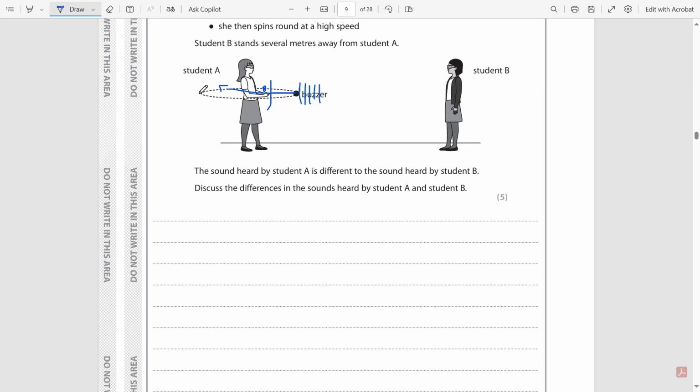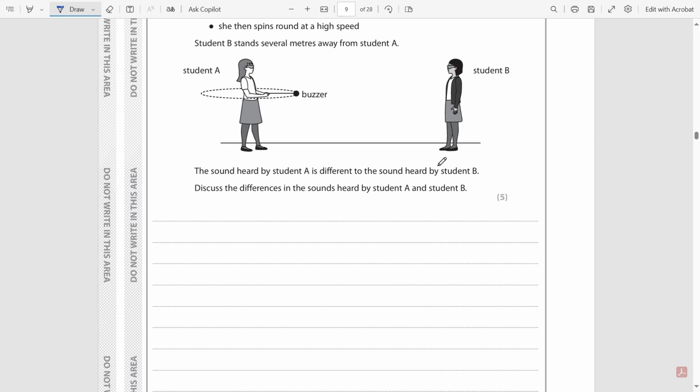But when this guy moves towards where it is emitting its waves, it's going to get a really small wavelength. And the smaller the wavelength, the higher the frequency. So this was going to be high pitched, and the lower the frequency, the lower pitched it is.